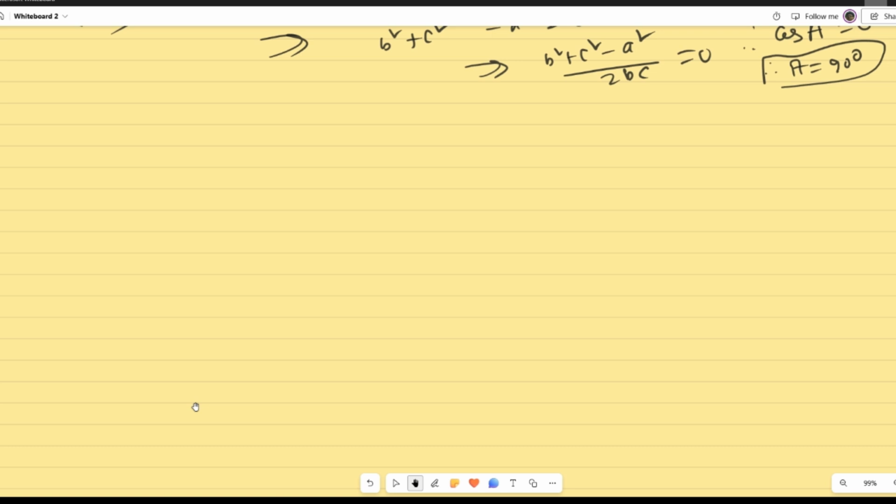So start with the second option and try to get a relation from there. What is the second relation? This was the first relation. The second one I am doing here. Sin A plus cos A. I want to convert in terms of one sine or one cosine, so I will multiply both sides by 1 by root 2.